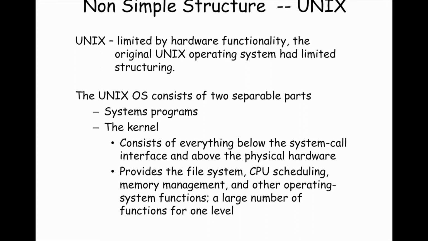And so one of the big contributions made by Unix was the separation of two main parts: the part that touches the hardware, which became the kernel, and then the system programs that run on top of that. The kernel, more formally in the beginning, was everything below the system call interface. Those system calls allow you to do things like printf and scanf.